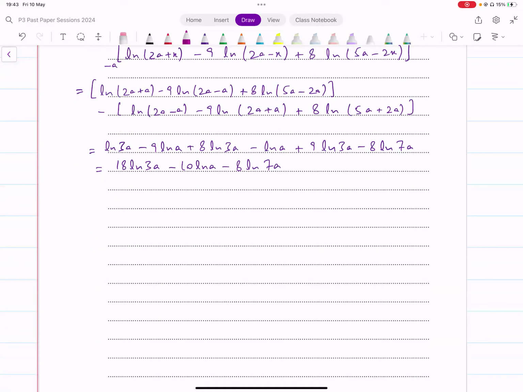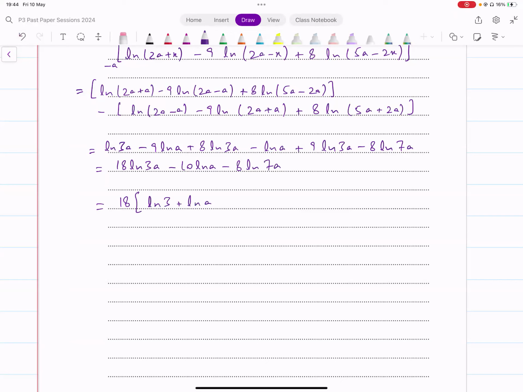Okay, so what we can do instead is break it down. This is 3a, this is 7a, right? We can use multiplication to break it down, and that will give us some terms in terms of a only. We can say it's 18 into ln of 3a. What I'm doing is breaking down ln of 3a into ln of 3 plus ln of a.